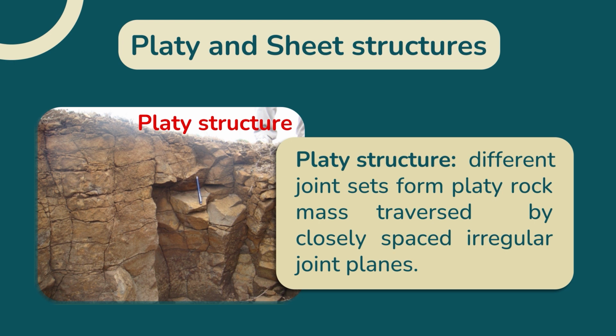See this left-hand side photograph. Here several joints, vertical as well as horizontal, crisscross the entire mass of the rock, and they are very closely spaced and irregular joints. You can see the irregular surface and rock mass; this is called the platy structure.